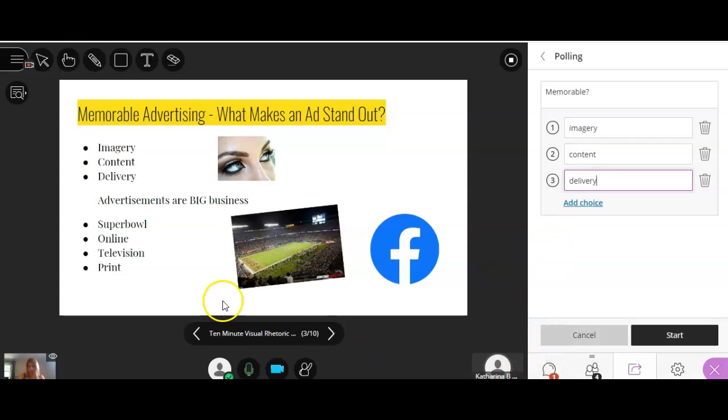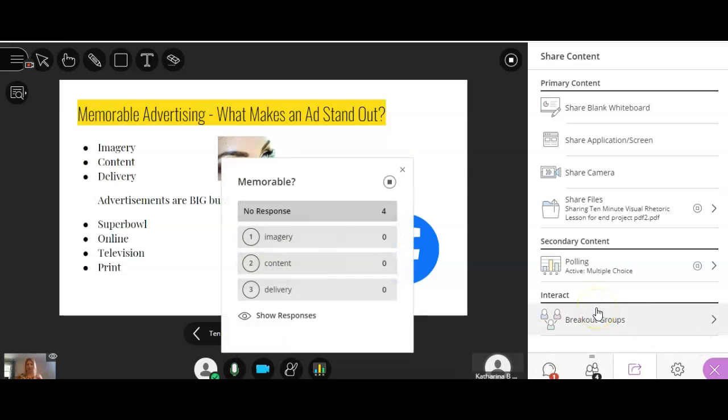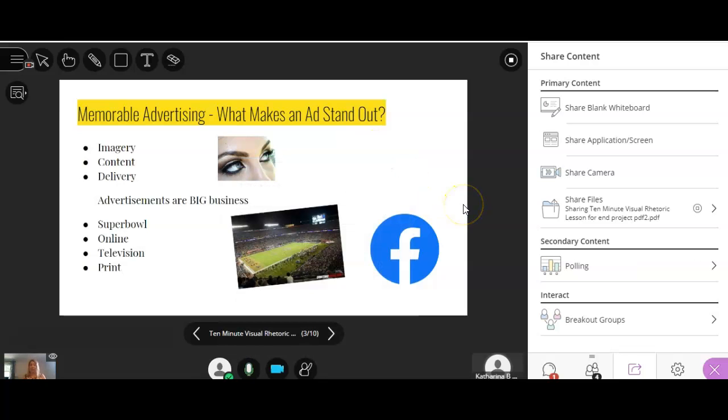All right, imagery, content, or delivery. I've got 2 for imagery and 1 for delivery. The way things are presented is really very important, and if they're presented correctly, then we look at the content.